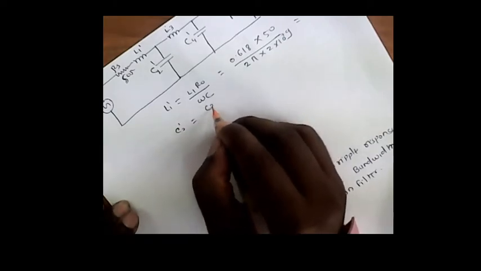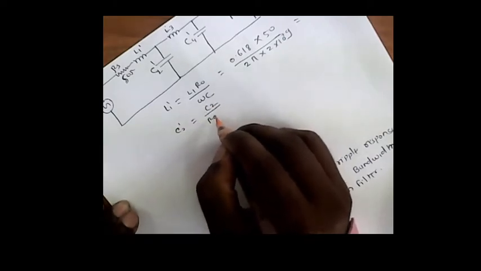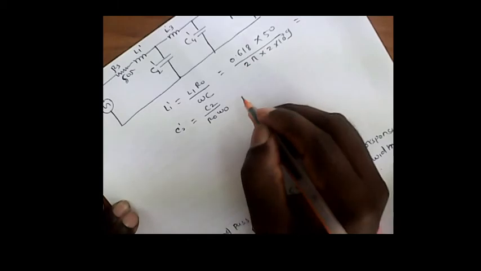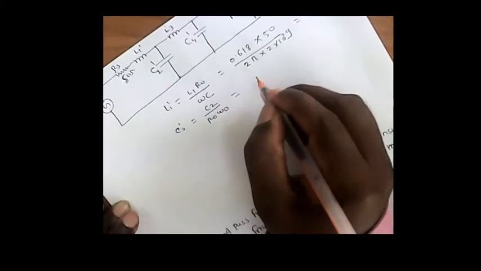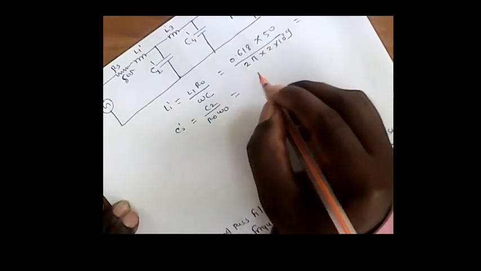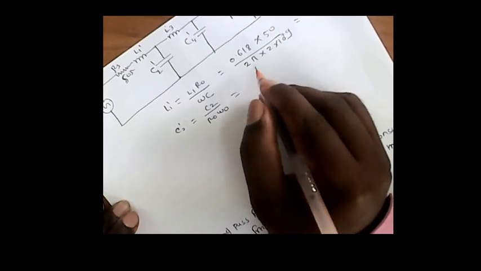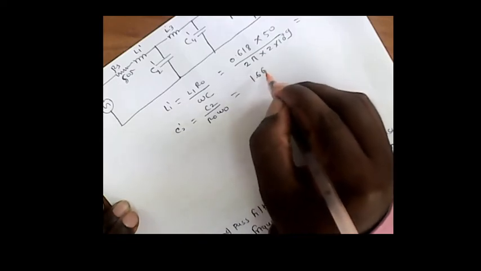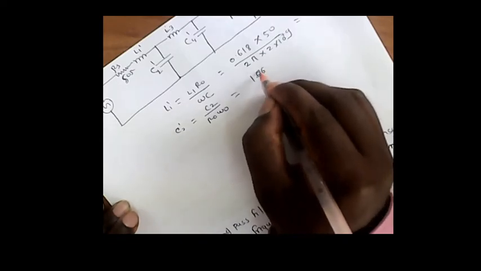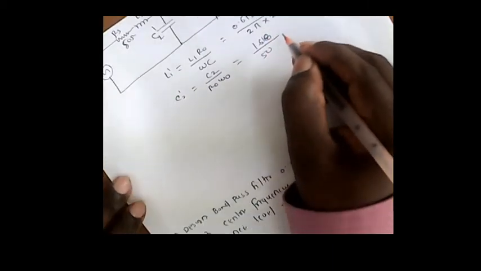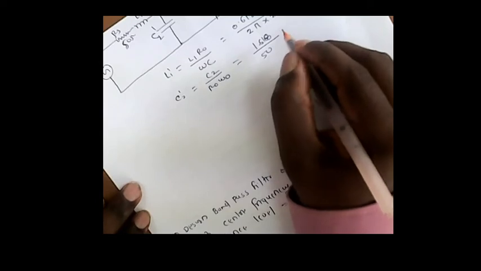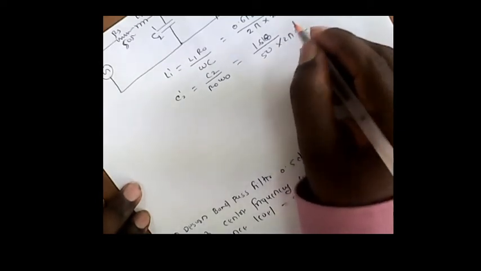Similarly, we can calculate C2 dash, which is C2 over R0 omega 0. R0 is given as 50 ohm. C2 is equal to G2, 1.618, divided by 50 into 2 pi into 2.